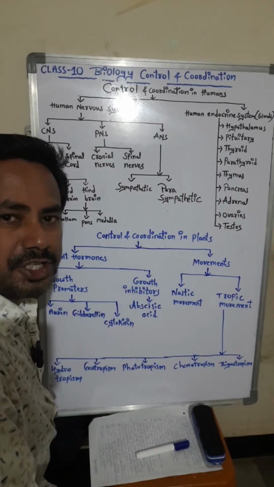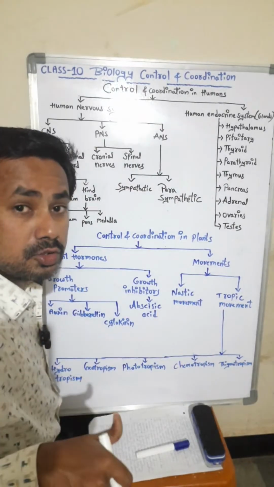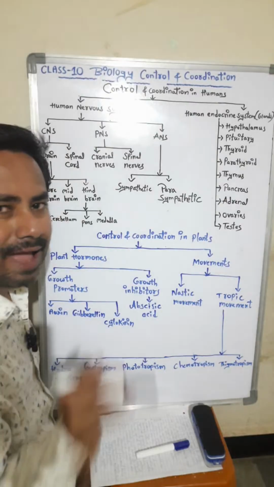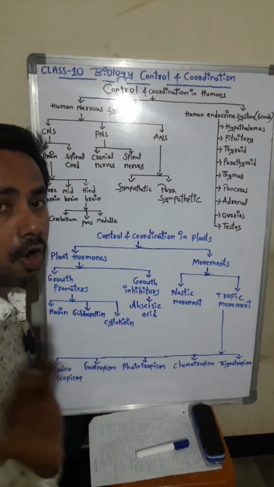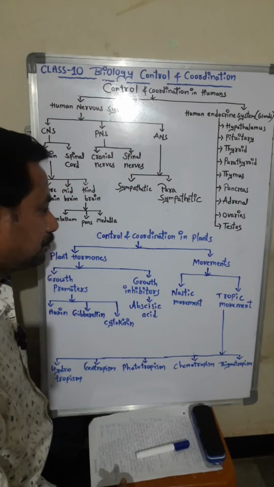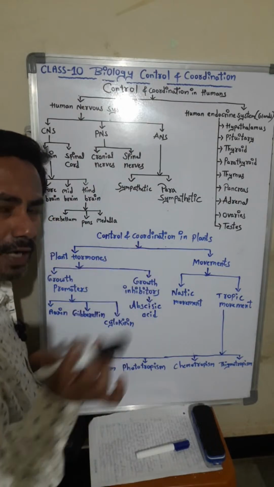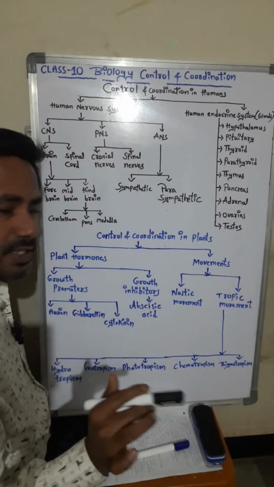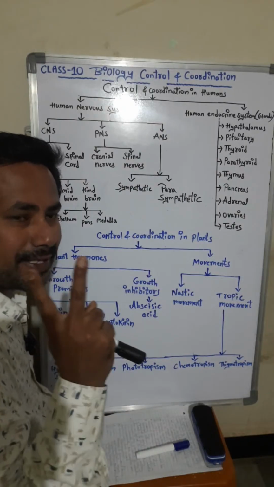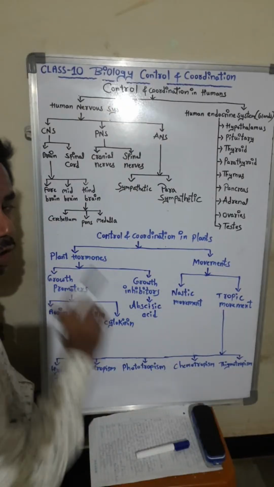Control and coordination in plants. Plants also have control and coordination, even though they do not have a nervous system or brain. Even though they have no brain, nerves, or nervous system, how does their control and coordination take place? In two ways. The first one is plant hormones.